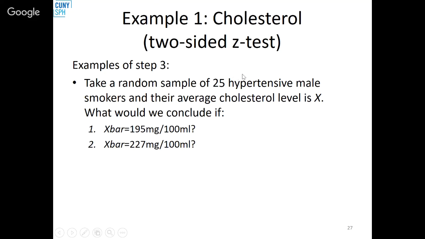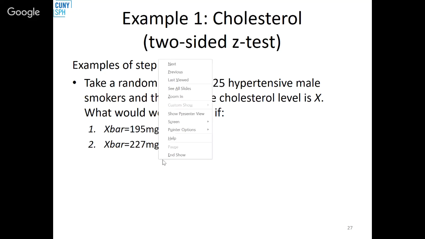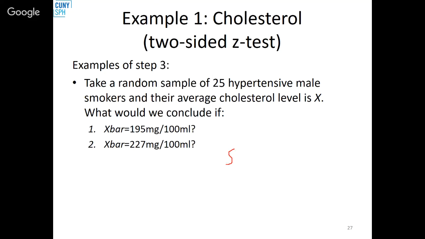So 46 over 5, which is about 9. 195 minus 211, that's 16. 16 divided by 9, what is that?